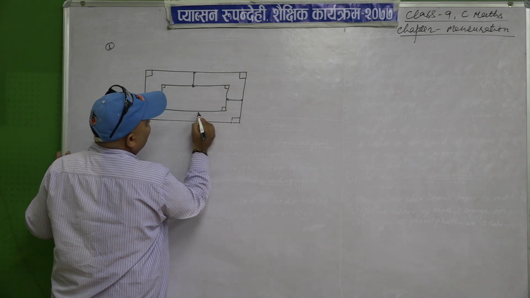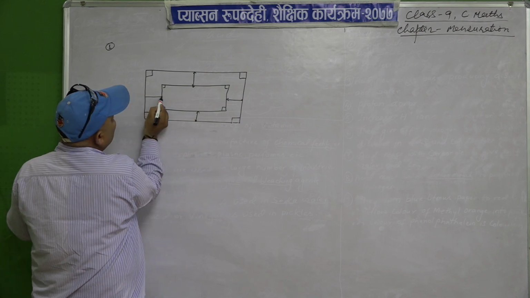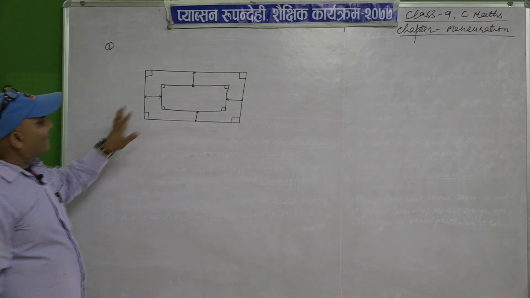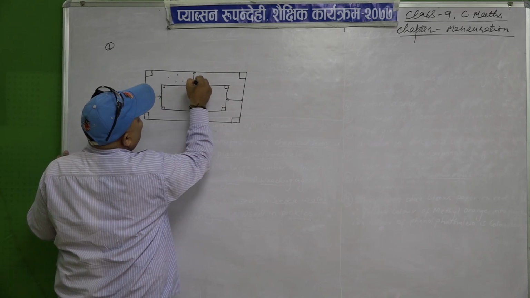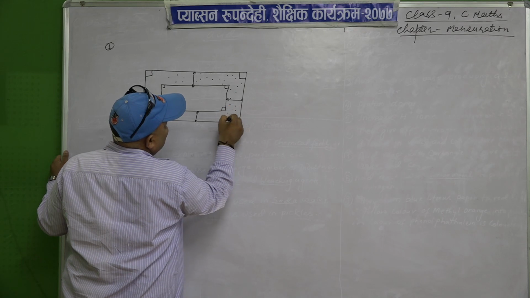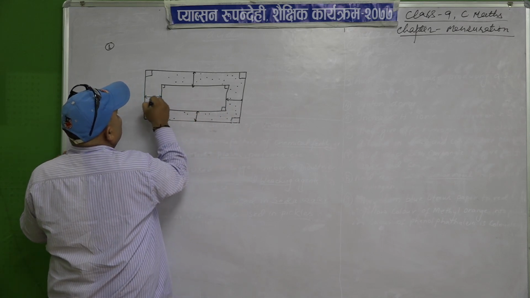Yesterday we have done this, this is uniform width. Yesterday we told that this is the shaded region.